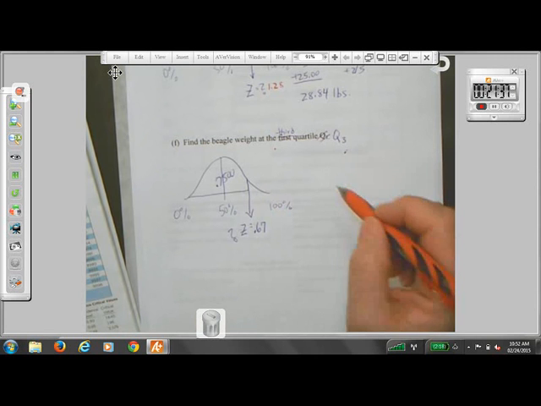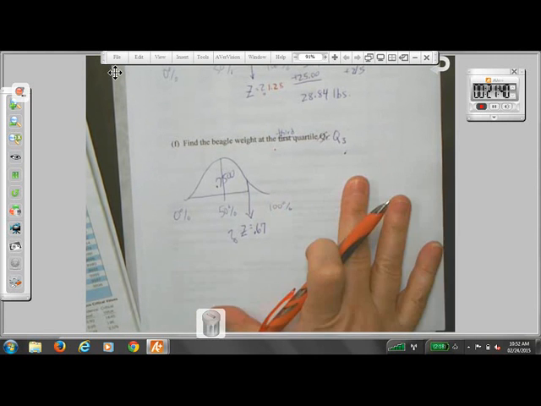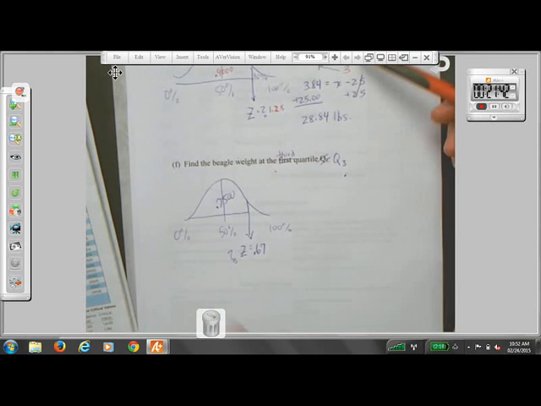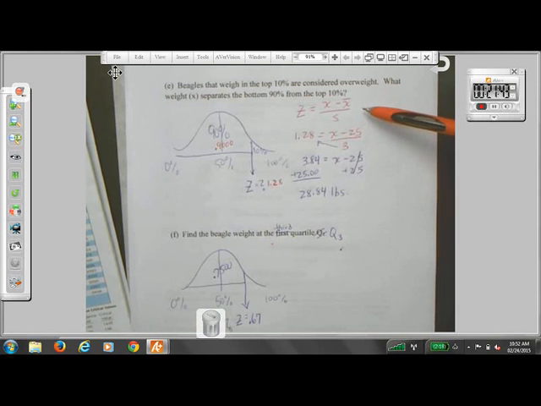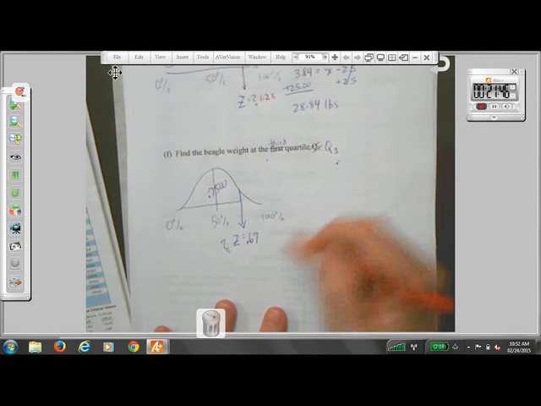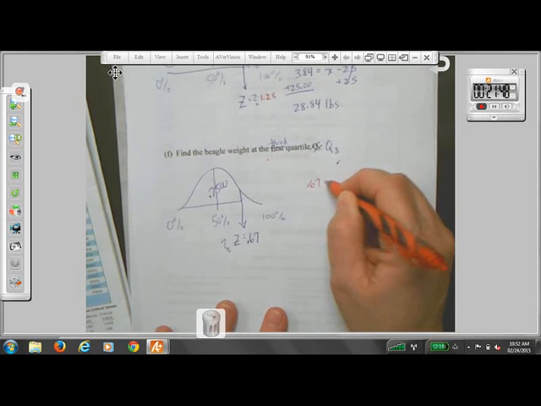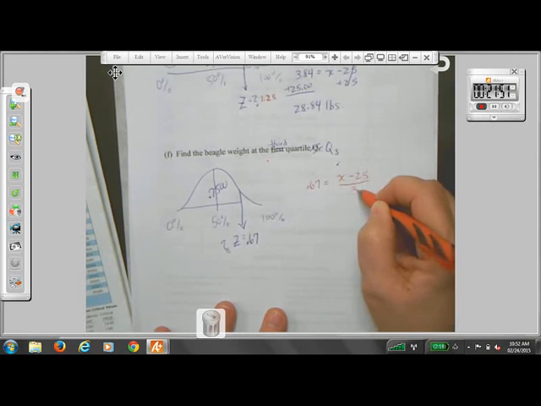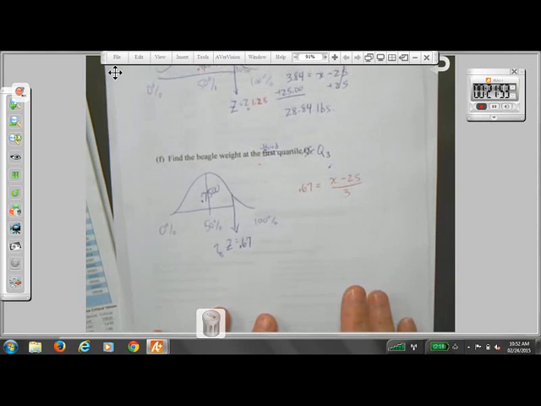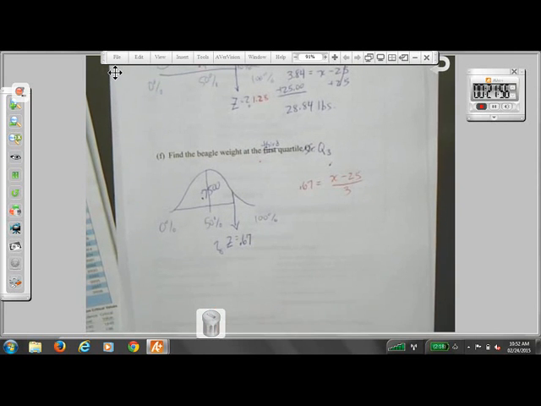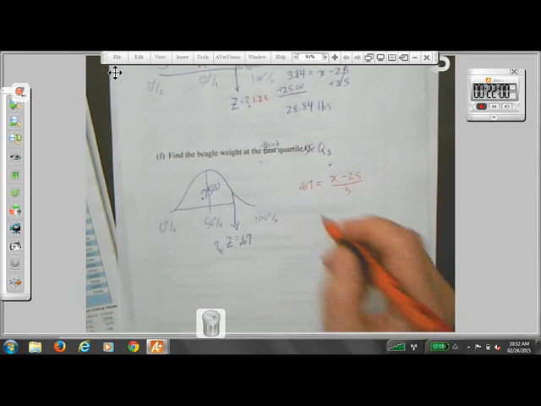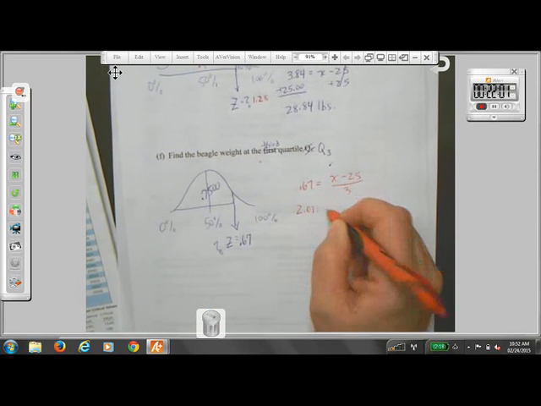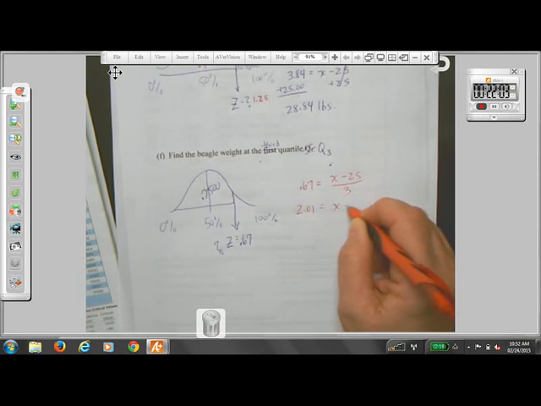So I'm going to use the formula again, this formula at the top here. Z, I have 0.67, equals X is missing, minus 25, divided by 3. Multiplying 0.67 times 3, we get 2.01 equals X minus 25.